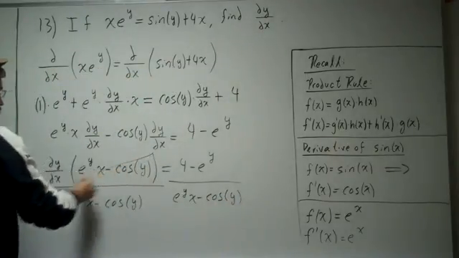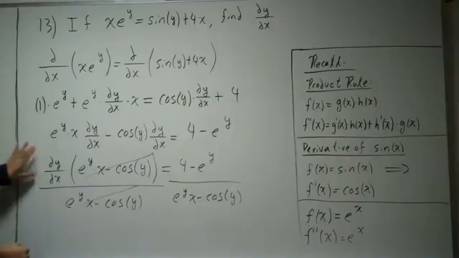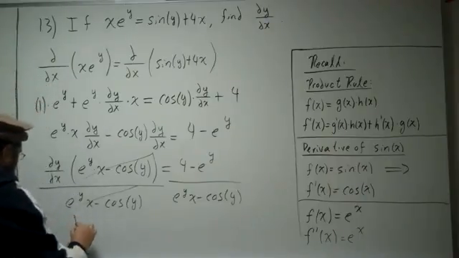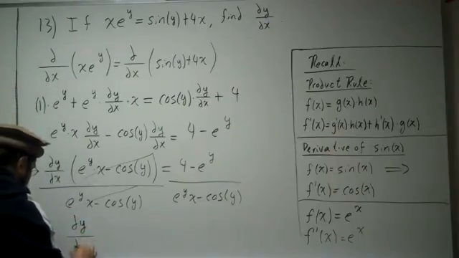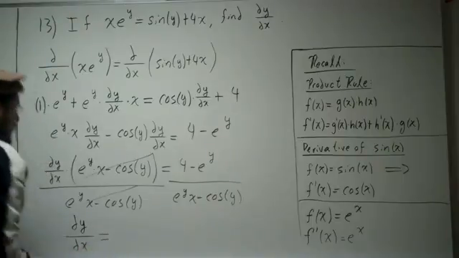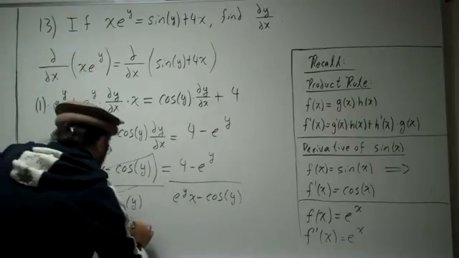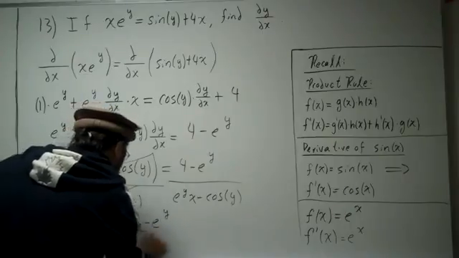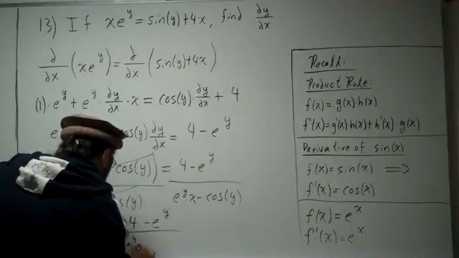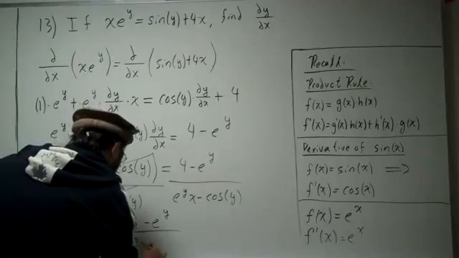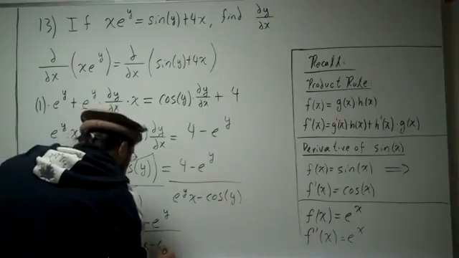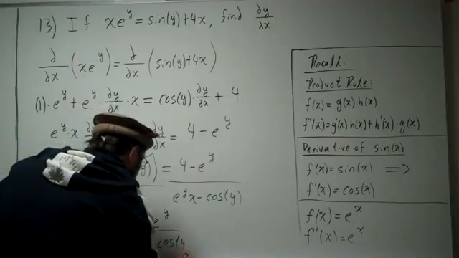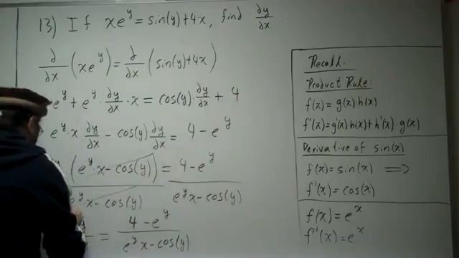So this cancels out, and I'm just left on this side with dy/dx. So dy/dx is equal to this. Just rewrite that, and we're done. And that is your answer.